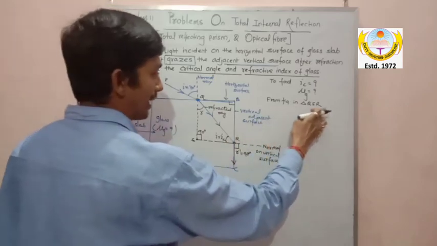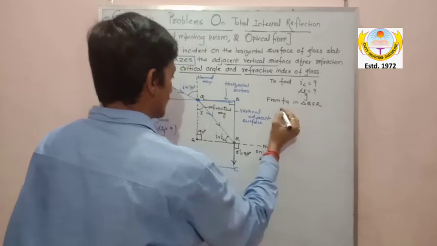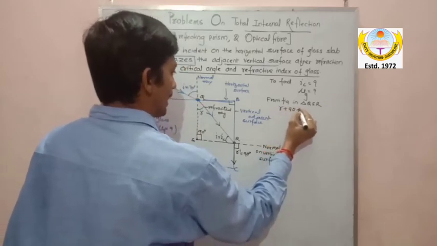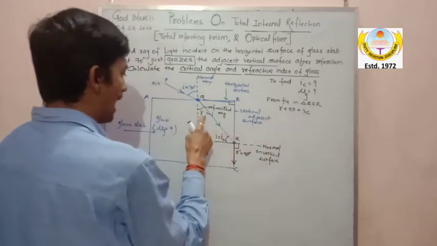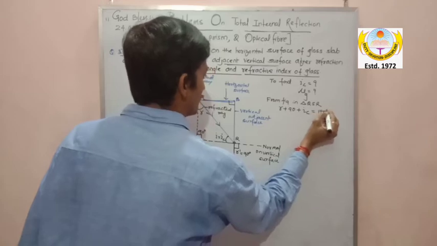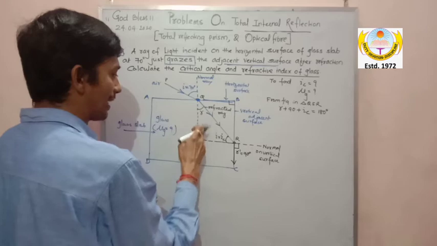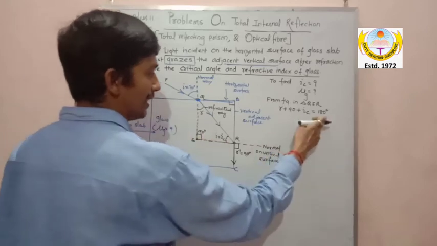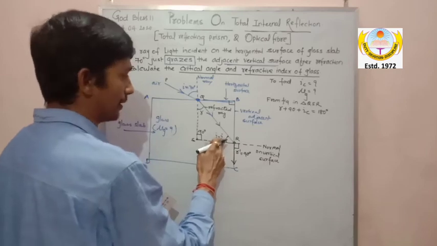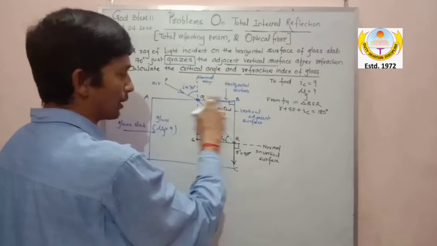So from the figure in triangle QSR, R plus 90 plus IC is equal to 180 degrees, because any triangle has 180 degrees. So angle R, 90 angle and IC angle make 180. Don't write I here. I becomes IC. That's important because this I is for the horizontal surface.